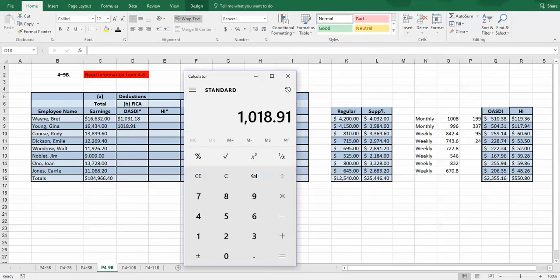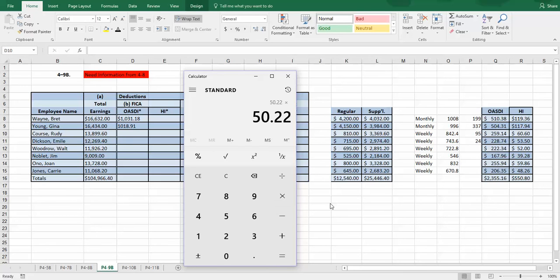Now for the weekly employees. I'm going to explain this the easiest way I can, because we've already figured out one paycheck over here. So we just need to figure out how much is 12 paychecks. 810 times our 6.2% is $50.22.